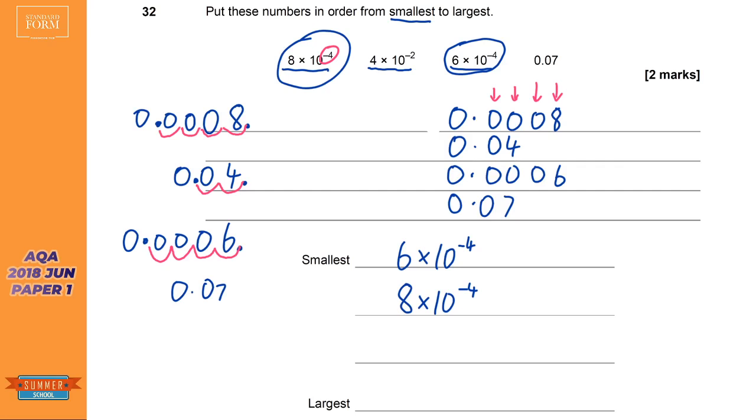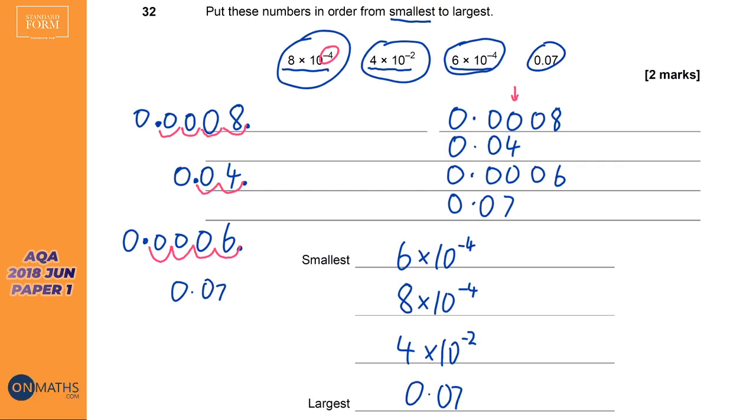Those are all done. And so we look back, and in this column here, there's a 4 there. So that one's got 4, which is this one here. So it'd be 4 times 10 to the power of minus 2. And then the biggest one is that 0.07, and that's just how it was shown in the question.